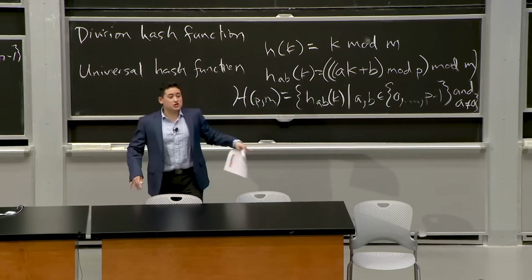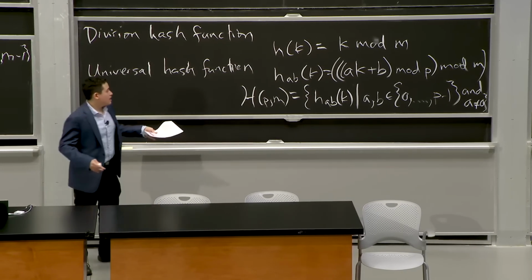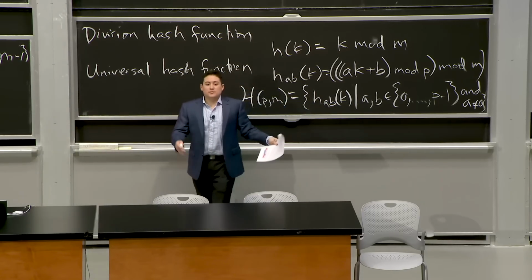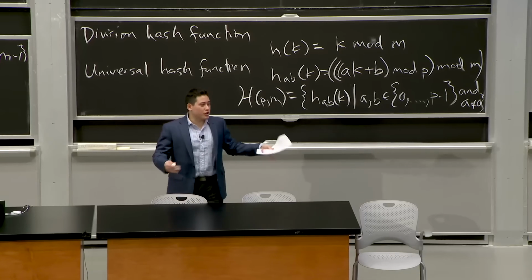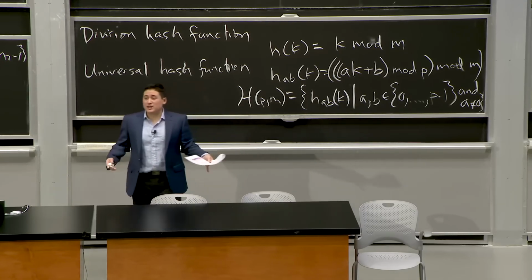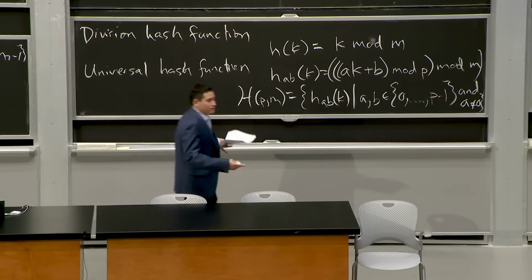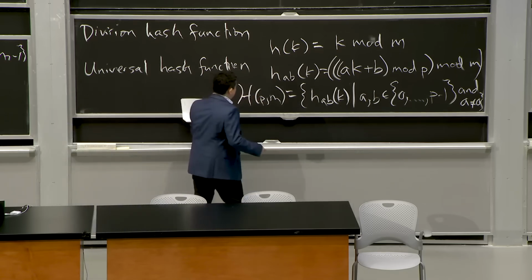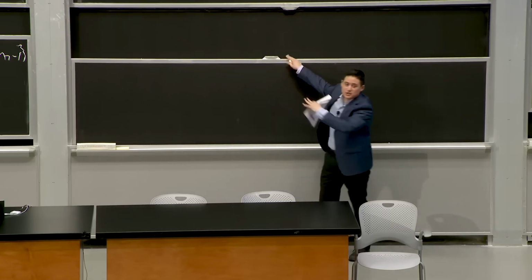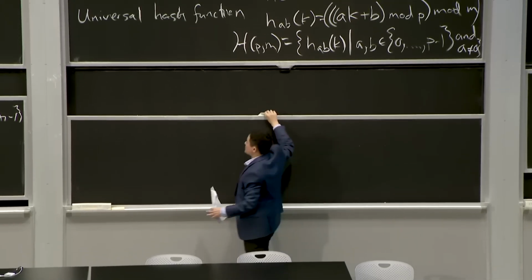So when I start up my program, I'm going to instantiate this thing with some random A and B, not deterministically, right? The user, when they're using this thing, doesn't know which A and B I picked, right? So it's really hard for them to give me a bad example, right?